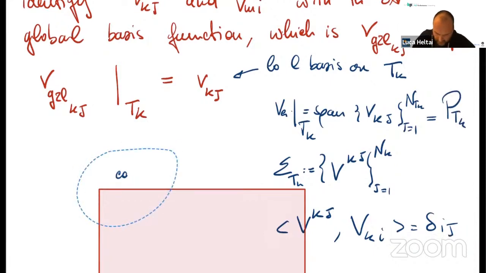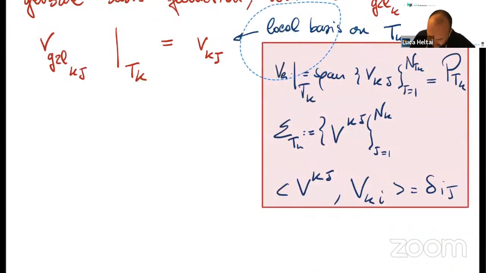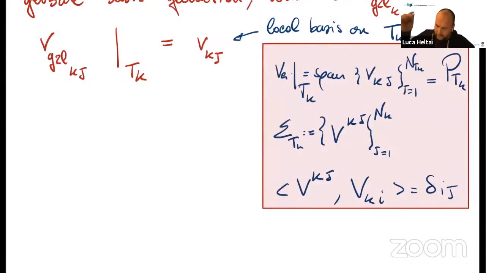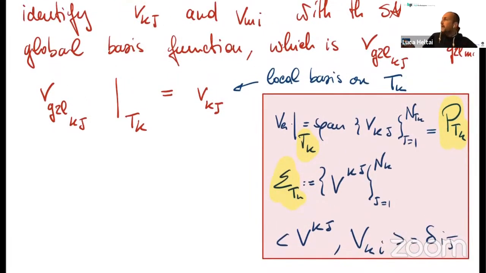Okay. So if you look at this, guys, we have Tk, we have P of Tk, and we have sigma of Tk for every element Tk. And now what I'm saying here is that I identify the basis functions globally if the support point is locally identical. Okay?